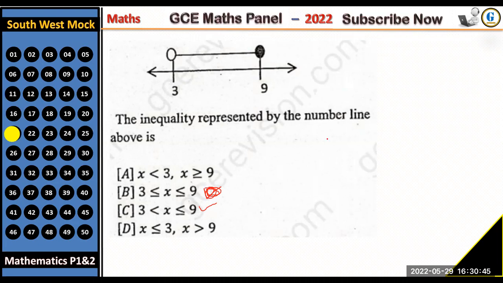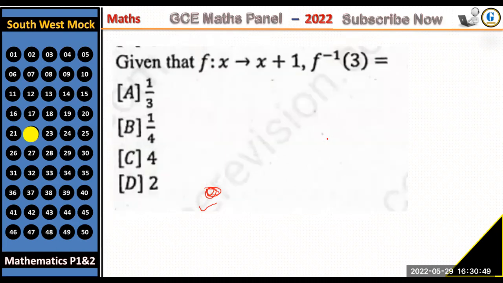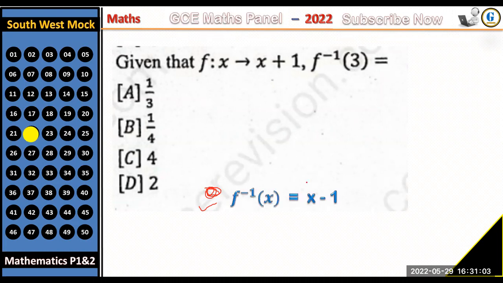Now, question 22. Given that F is such that X is mapped onto X plus 1, find F inverse of 3. First of all, find F inverse. F inverse will be equal to X minus 1.